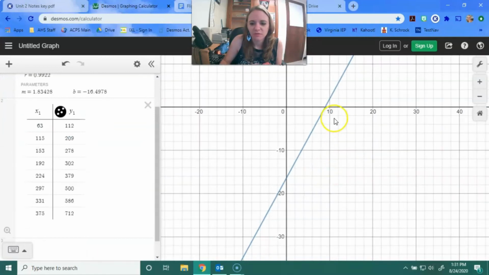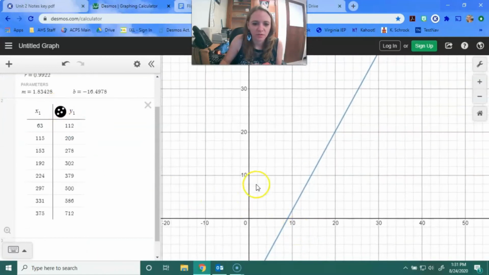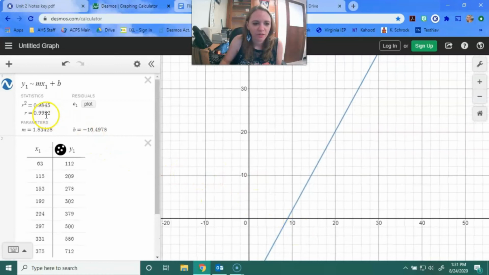Here's what the graph looks like. So you can mess with your graph. And then on Desmos, this is what you're looking for down here, parameters, M. You put in all these random points, and it's telling you the slope for the line of best fit. This is basically the calculator doing line of best fit for you, giving you your slope and your y-intercept.